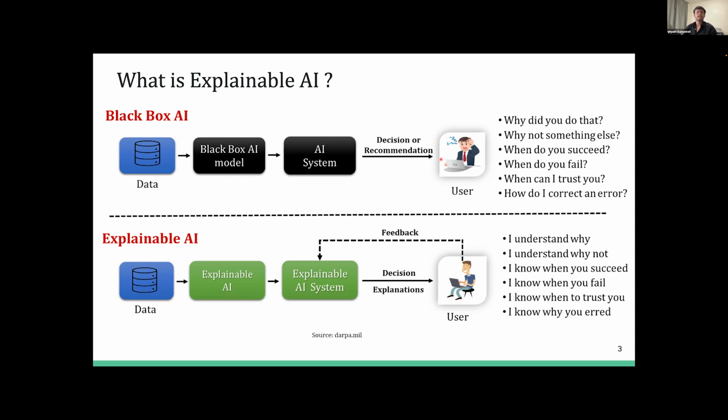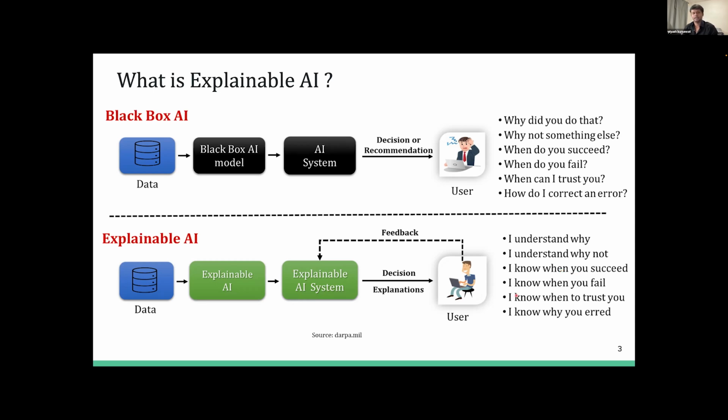Explainable AI provides the solution by providing decisions and explanations to the user, so that they can provide feedback and understand why the AI model succeeded, why it failed, can we trust the model, and how the error, if there is any, can be rectified.